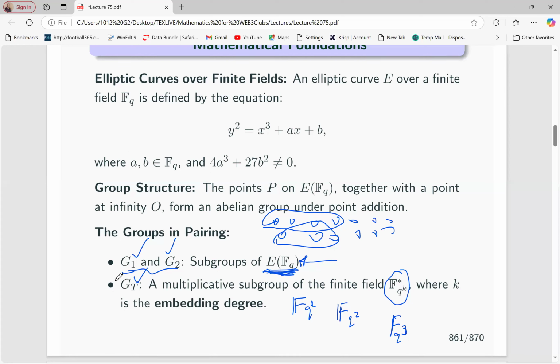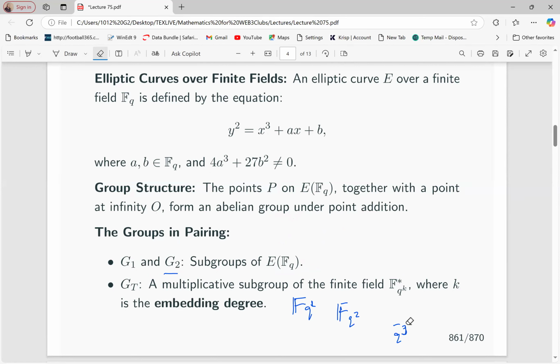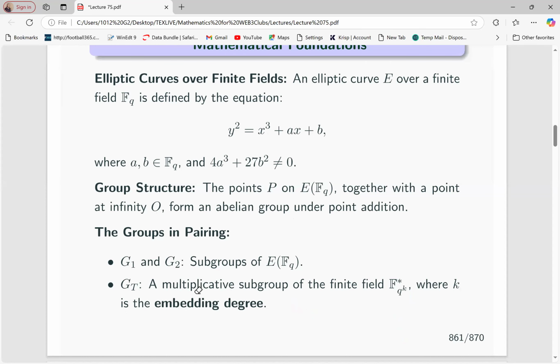Now, what is important is that the first two groups are emanating from the elliptic curve E over a field F mod Q, and the multiplicative group that we're mapping to is emanating also from E, at this time over F mod Q, and this F is a multiplicative group.